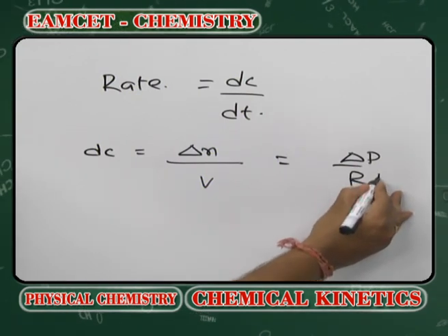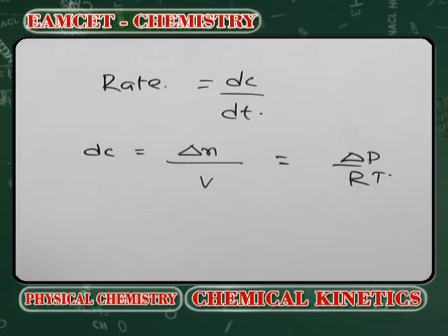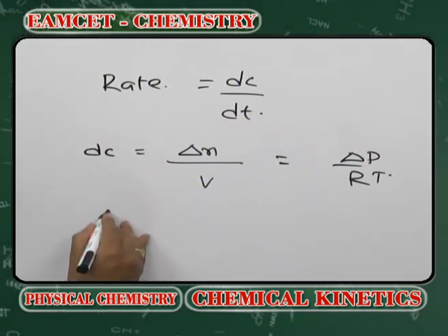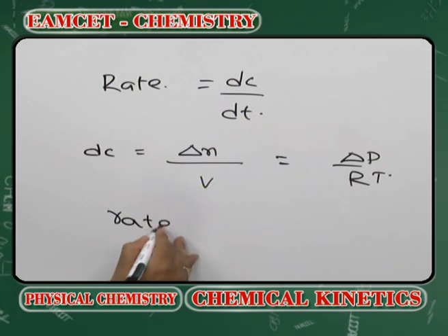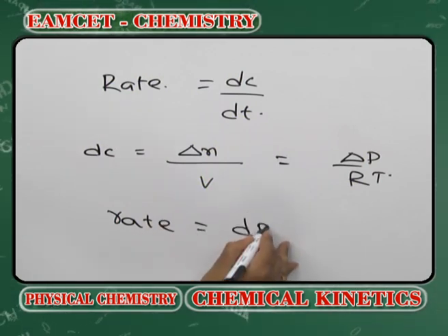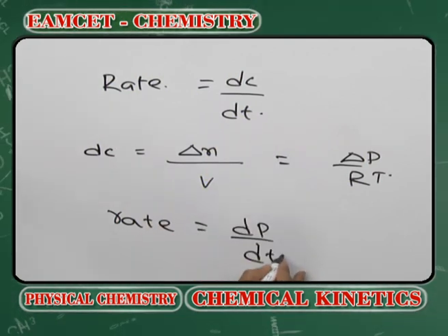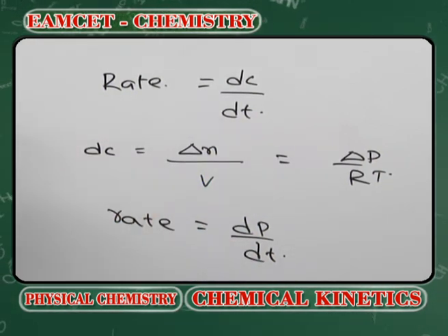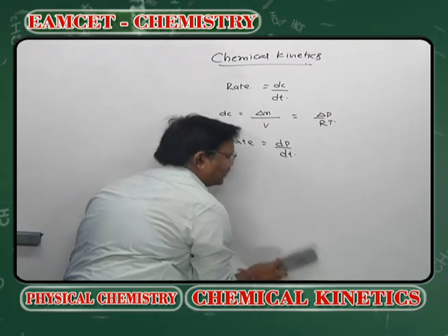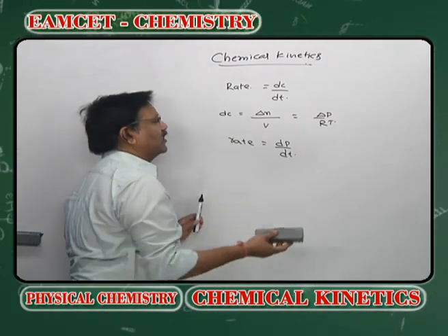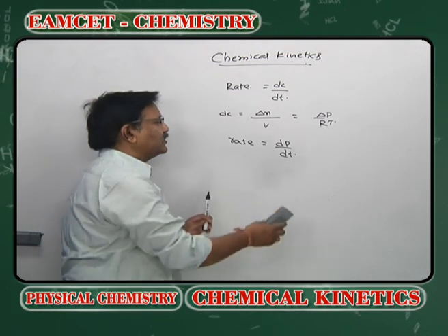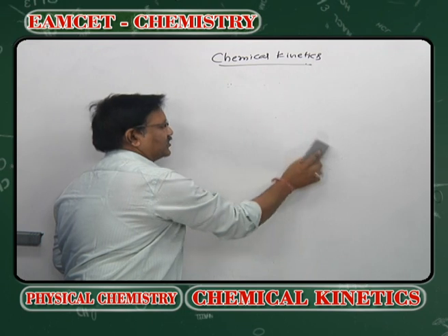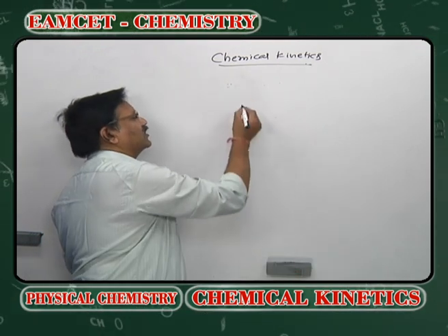So, in case of gaseous reactions, rate can also be defined as rate is equal to dP by dt. To understand this, take a hydrogenation reaction.